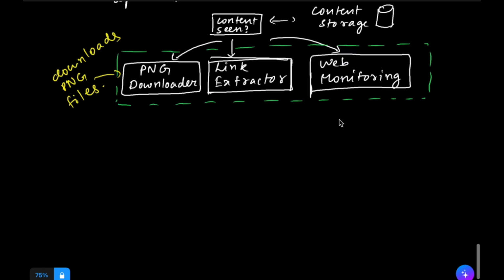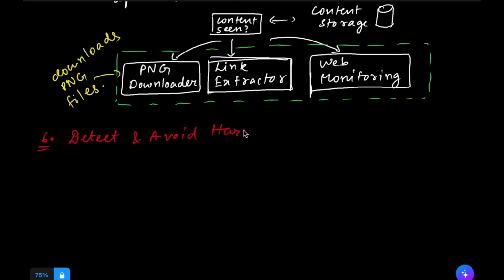And the final thing of today's video is to detect and avoid harmful content. What this denotes is how we handle the redundant or meaningless or harmful content which we encounter while downloading web pages or hyperlinks and all.